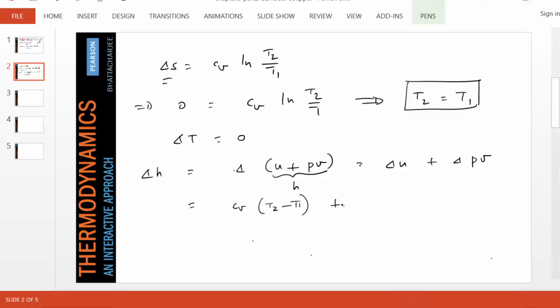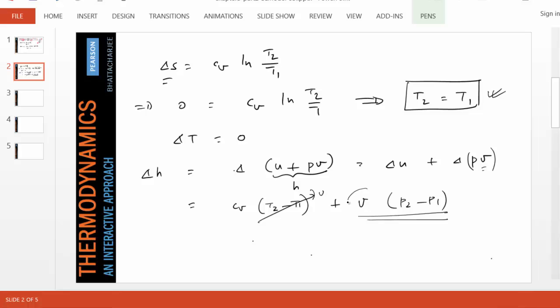And delta PV is what? V doesn't change, so V can be taken out of the delta. It'll be V (P2 minus P1). Once again, T2 minus T1 is 0 because we already proved that T2 and T1 are equal. So the enthalpy change reduces to this.